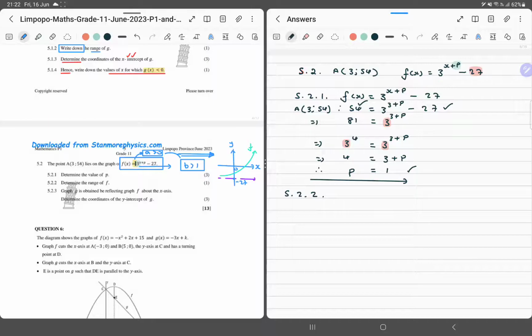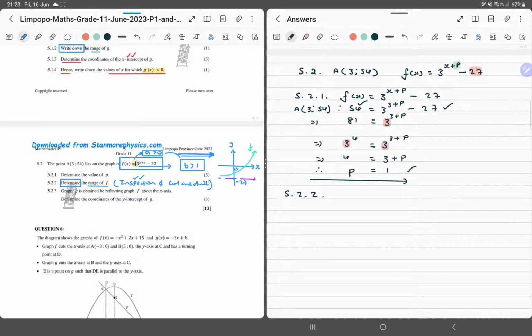Let's do it. Determine the range. Of course, now we can determine the range by inspection or by calculation. Okay, so which one do you choose? I think inspection is better because we've been given an equation.